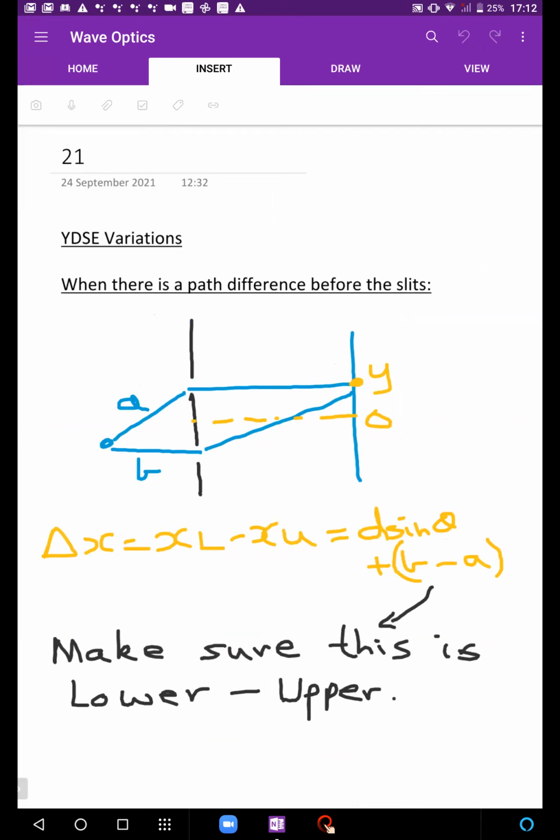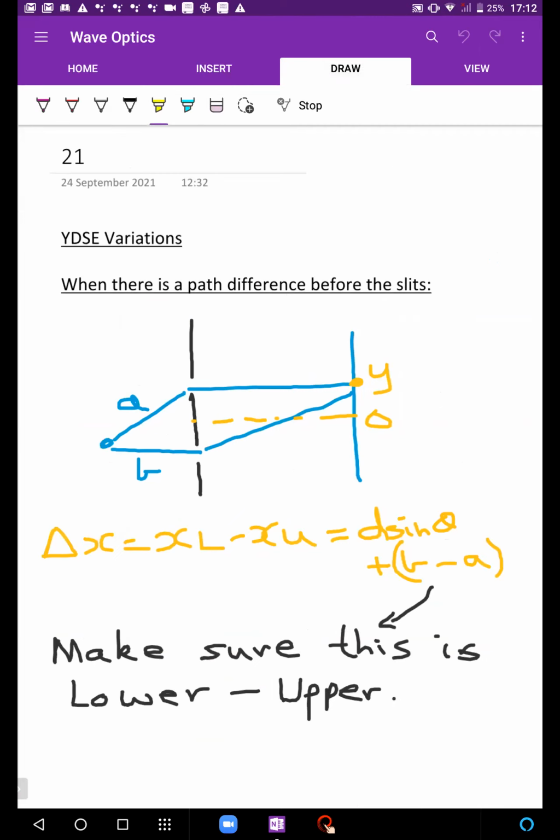Sometimes there is a path difference before the splits, just incorporate that. जैसे अब यहाँ पे there is upper ray कुछ ज़्यादा चल रहा है, our delta x is lower minus upper, so in addition to the d sin theta, dy by d वाला term, we'll add this difference as well, lower minus upper, तो कितना lower चल रहा है in comparison to कितना upper चल रहा है before reaching the splits.